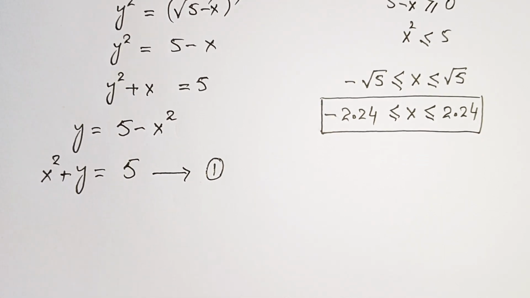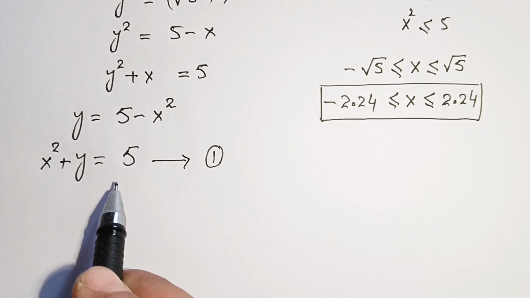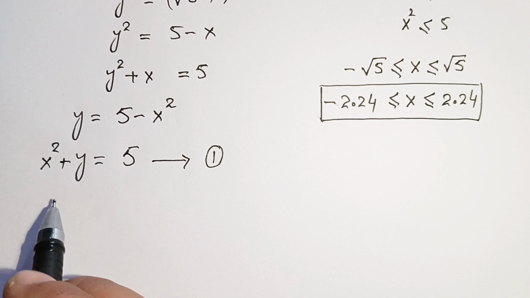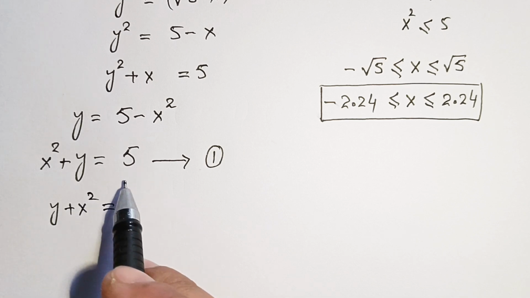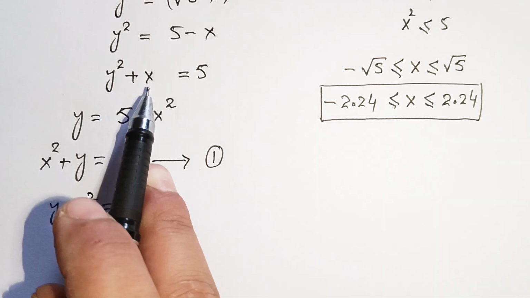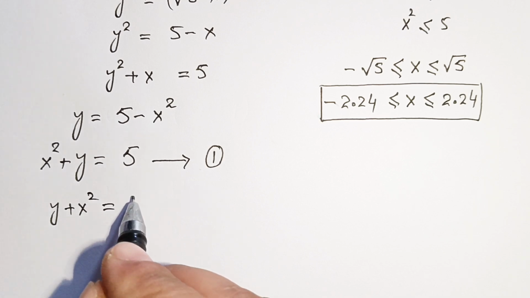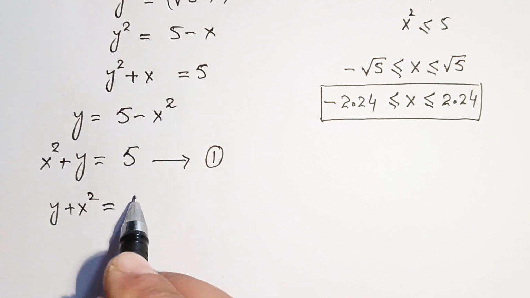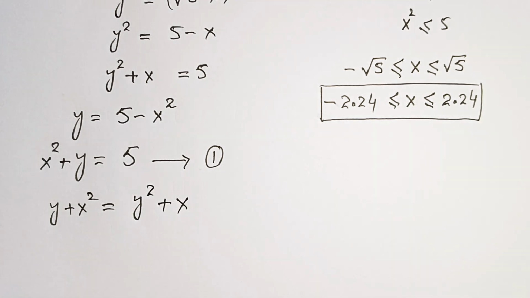Now x squared plus y is equal to 5, and this 5 is also equal to y squared plus x. So we just put this value 5 as y squared plus x.